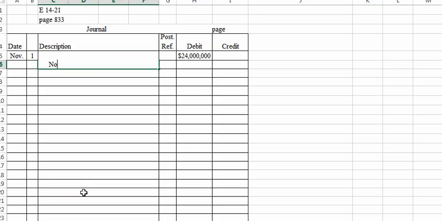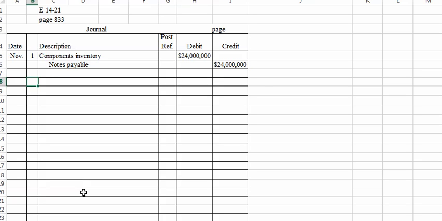We're going to credit notes payable. Instead of paying for it up front, they didn't buy it on account. There they'd be paying within probably 30 to 60 days with no interest. Instead, the company they bought from financed the purchase for them. So they borrowed the money from the company they bought from, and they're going to pay them back the money plus interest.